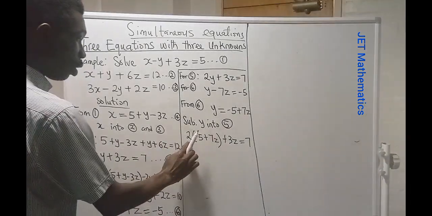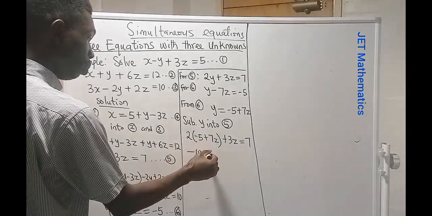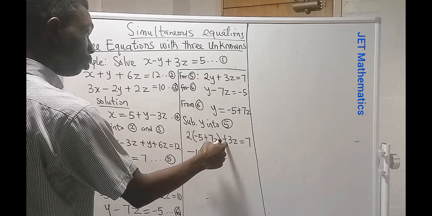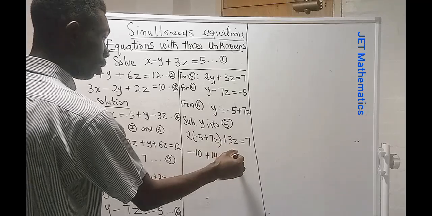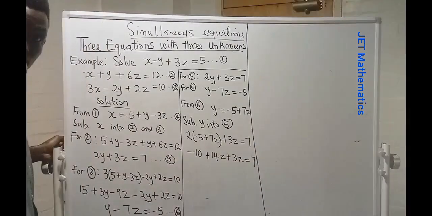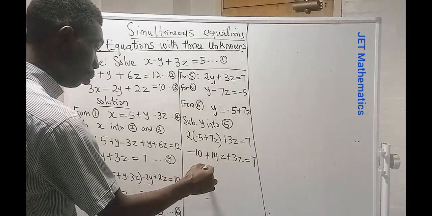So expanding this, you have 2 times this is minus 10, then 2 times this is plus 14z, and then plus 3z equals 7. Next you sum up.